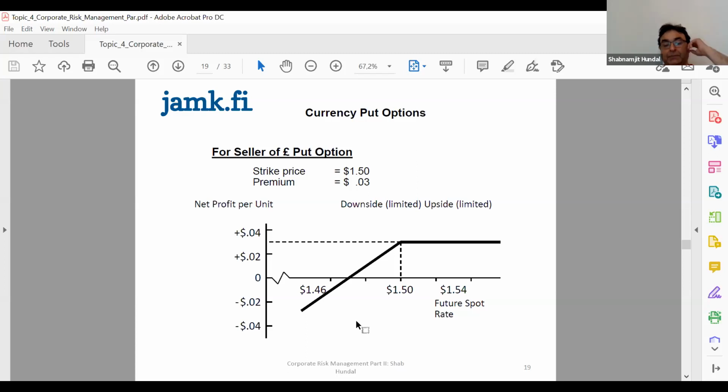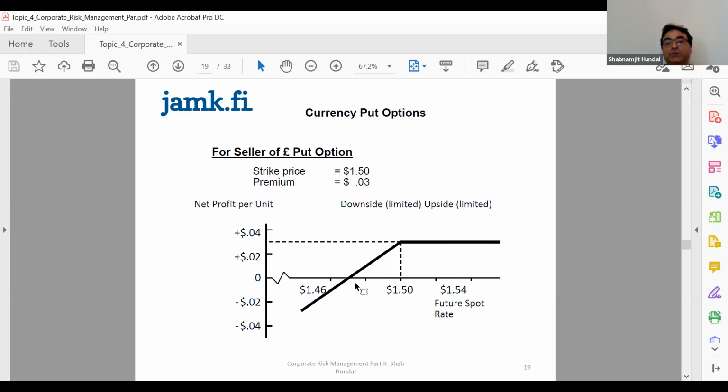You mean the company gains, but the bank loses. Imagine the market price is 1.40 and the strike price is 1.50. It means that the bank gives you 1.50 for every pound, and when it sells that pound in the market, it only gets 1.40. So it's the bank's loss and your gain. So that's why you can see that the bank would never gain more than 3 cents.